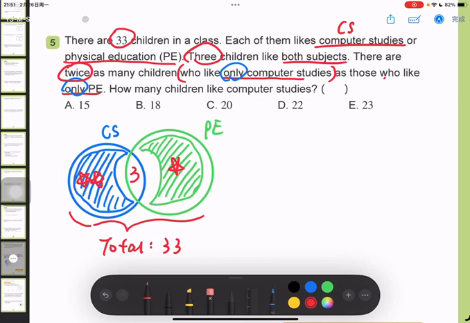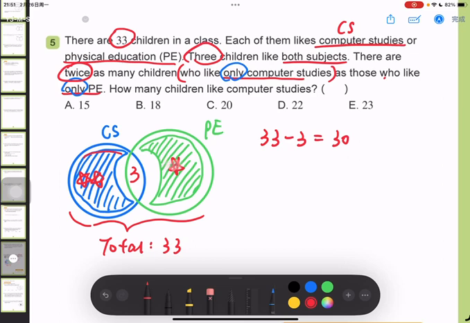Well, so this time, is it possible for us to find what 1 part is? Let's take a look at the 33 and the 3. The 2 parts we already know. If we take away the 3 from the 33, we will find we have 30 left over. So what is the 30?